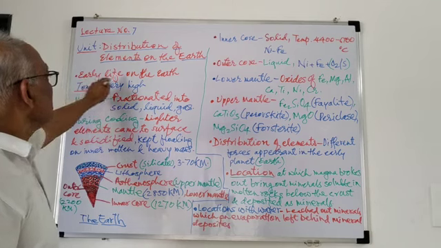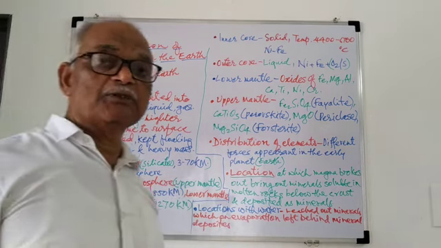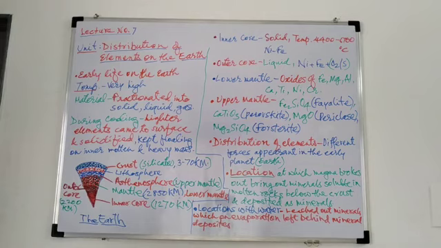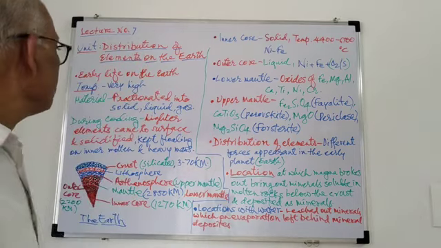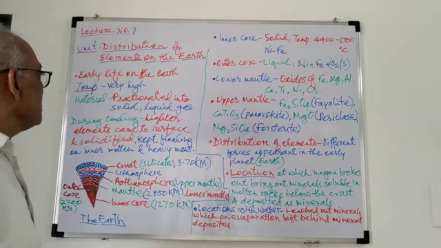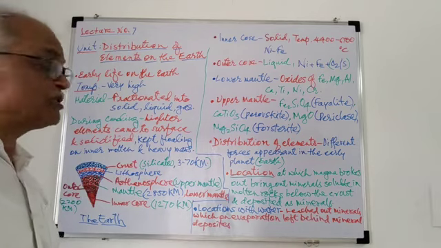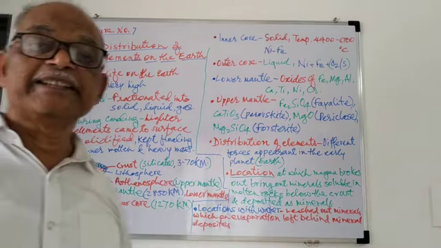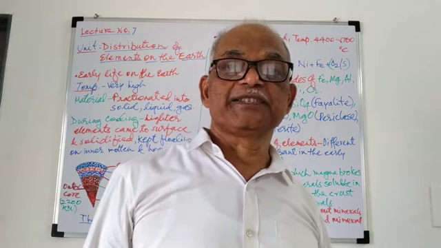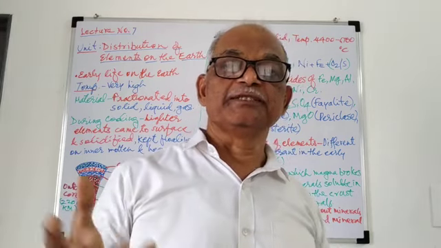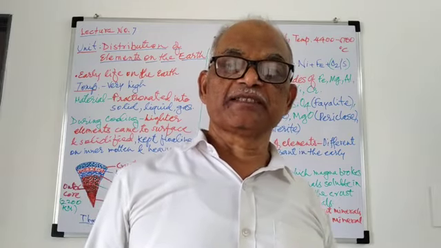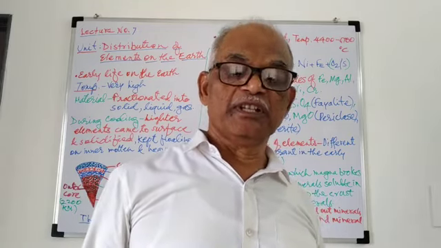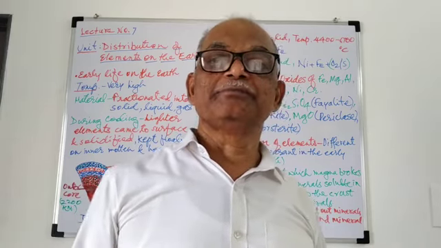We know that early life on the planet, that is our earth, was under the influence of very high temperature. At this condition the material present on the earth or various planets is fractionated, means divided into solids, liquids and gases depending upon their boiling points or melting points.